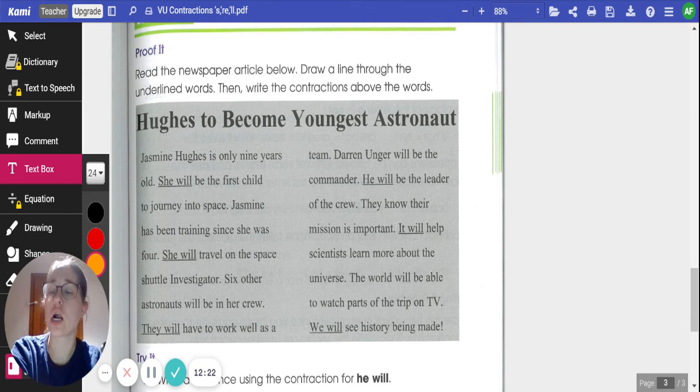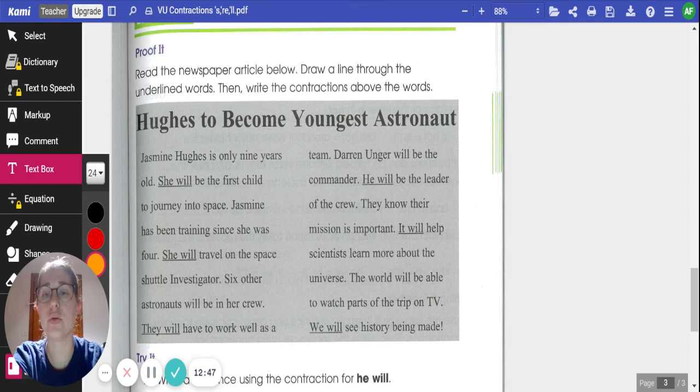I'm going to read our newspaper article out loud for you. You have 6 contractions that you need to make. So while I am reading, I will stop and tell you which one is underlined, and I will tell you when to make your contraction. At the very end, I will go over them, and we have one more little activity to do.